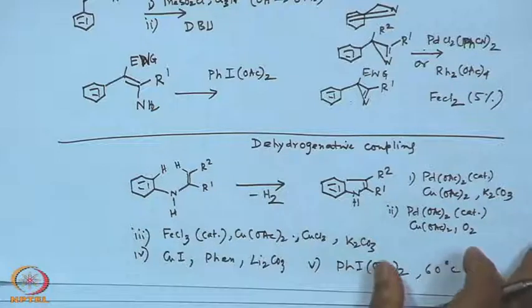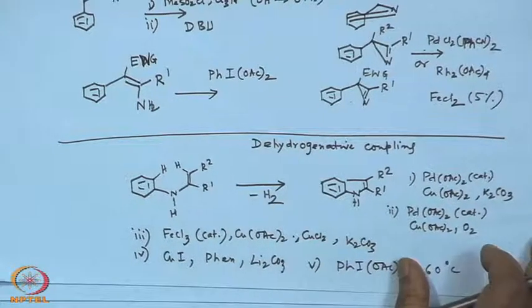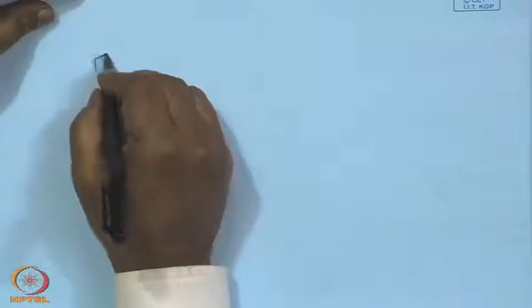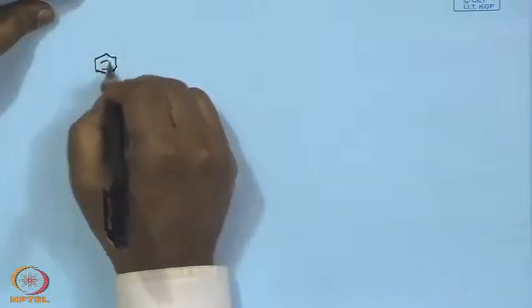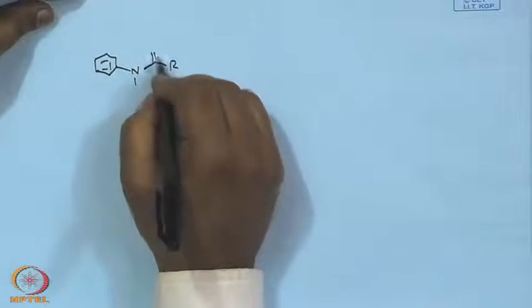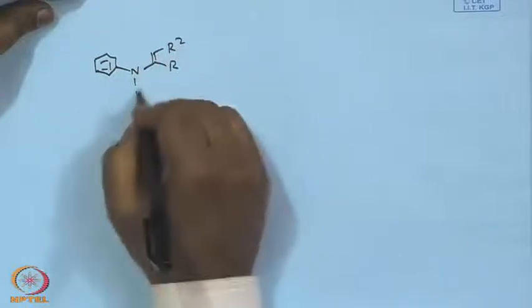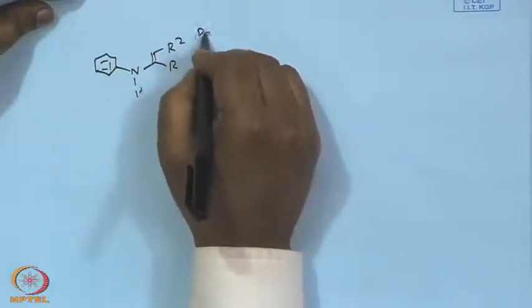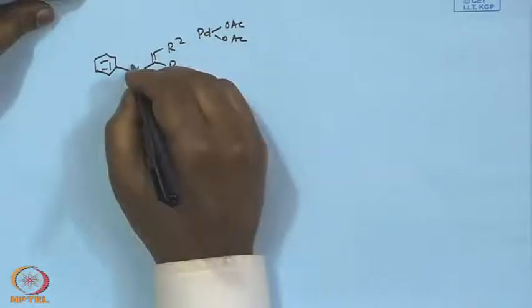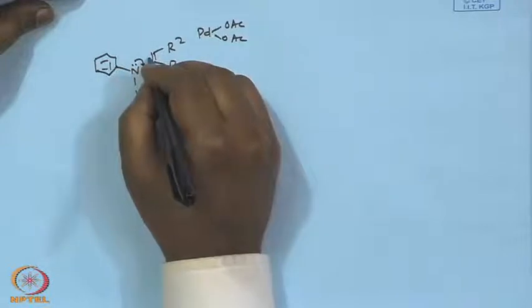So, you have all kinds of options, and mechanistically, if you look at the mechanism, what is the first step? The first step would involve palladation of the hydrogen here, let us say you have palladium acetate, right, and all of us know how to shift the arrows from the enamine.